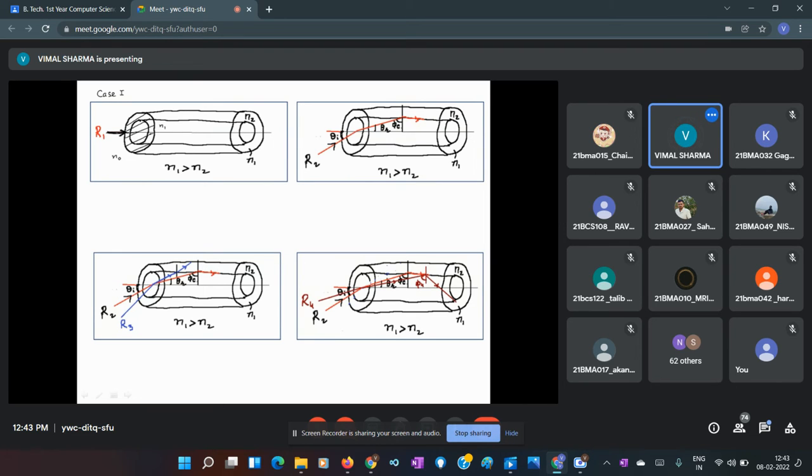So it goes undeflected into the core and it moves along the axis of the core. So this is the simplest thing and difficult to do. This ray which travels through the axis of the optical fiber is called the axial ray. And the importance of this is that it takes the smallest time to travel from one end of the optical fiber to the other end.